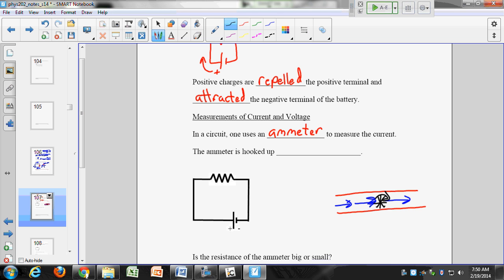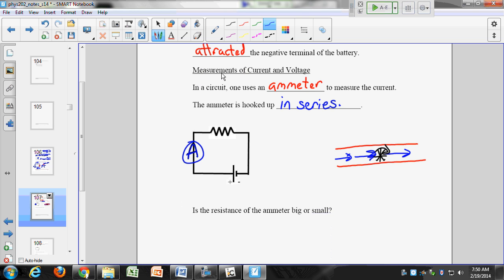So that would be in series or parallel? That's going to be in series. So in a similar way, whenever I want to hook up an ammeter, I'm going to hook it up in series. All right, because I want to put it right into the stream of the current and figure out how much current is going through that wire.